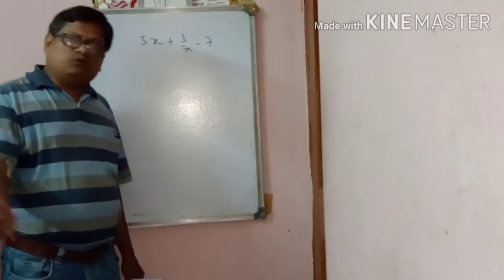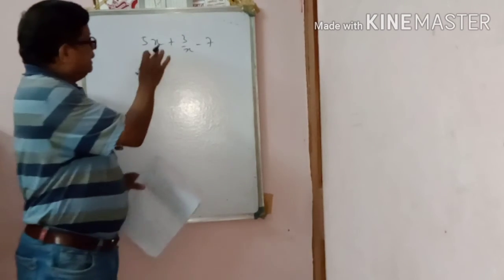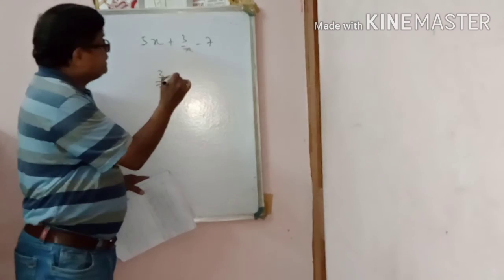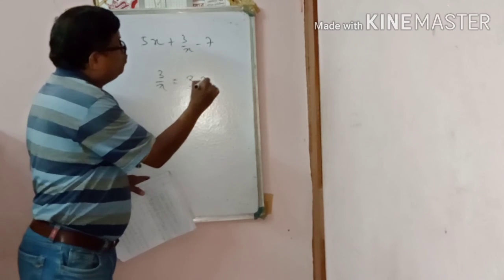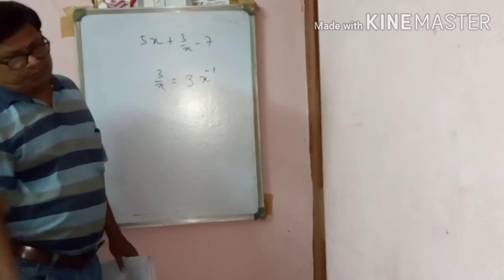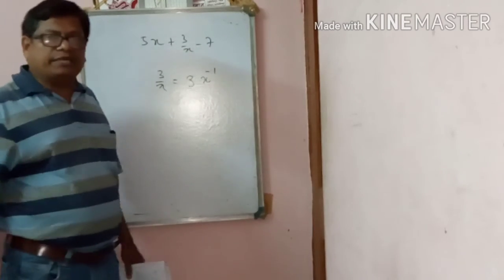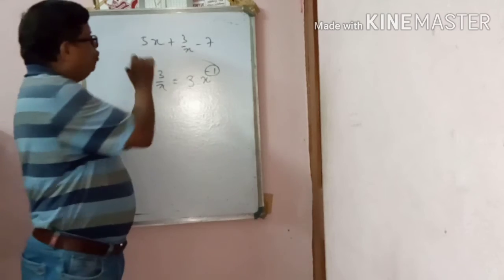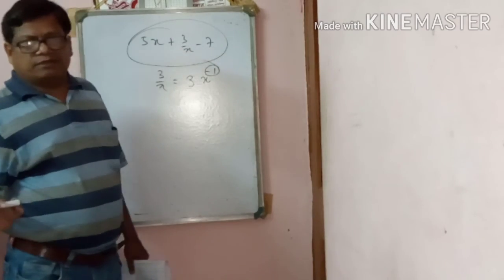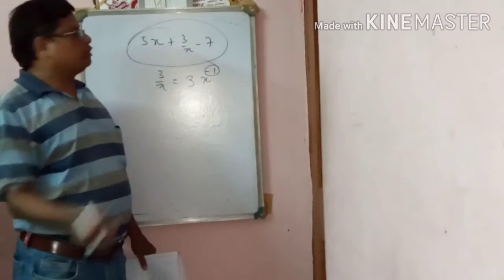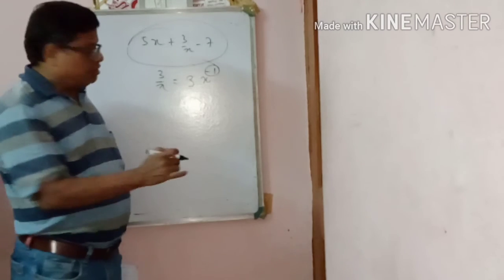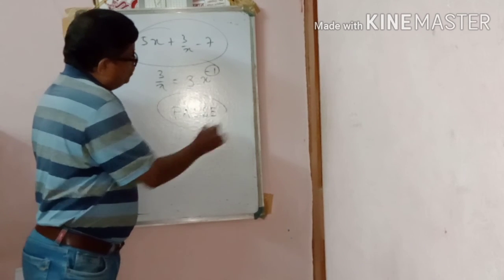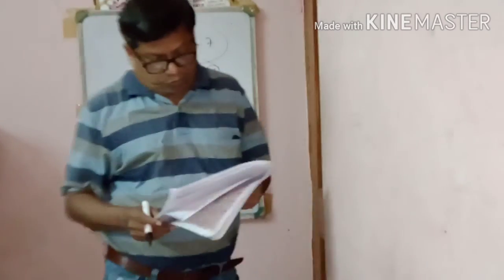Here x is positive, but 3 by x is 3 into x to the minus 1. So the power is negative, so it is not a polynomial. So the given statement is false. Just write the answer is false.